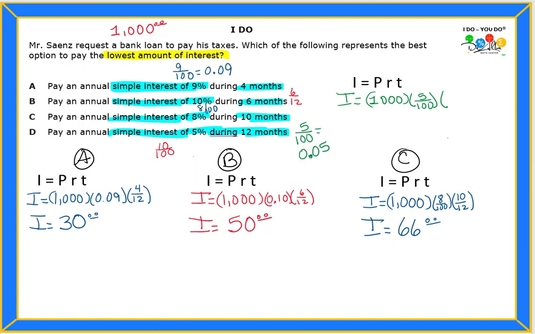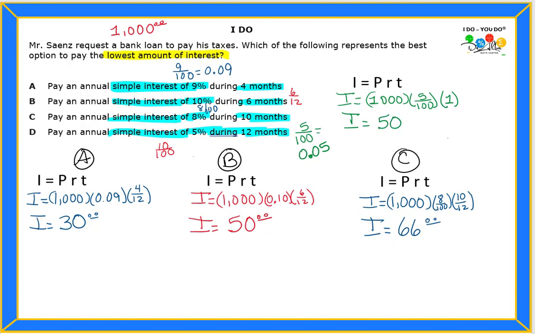It's up to you. And the time will be 12 months. Isn't it 12 months a year? Yeah, so we can write down a 1. If you write down 12 out of 12, remember that's the same thing as a 1. Okay, so we got it. And the last one will give me a 50.